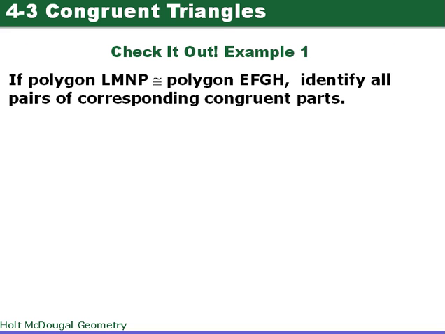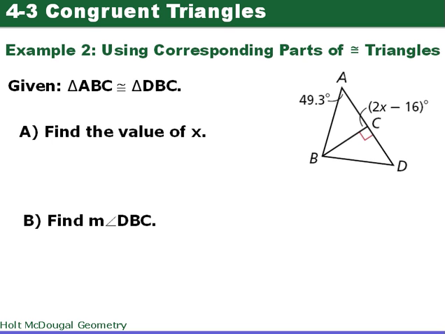Okay, so now we're looking at using the corresponding parts of our congruent triangles. In this example, we're given triangle ABC is congruent to triangle DBC. So those two triangles are congruent, and let's mark which parts are corresponding.